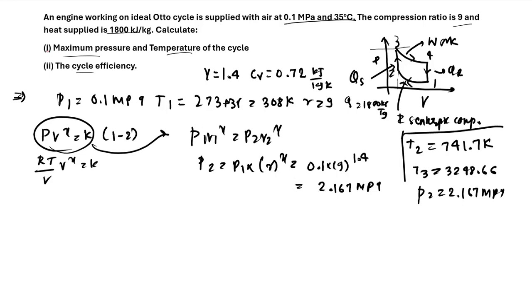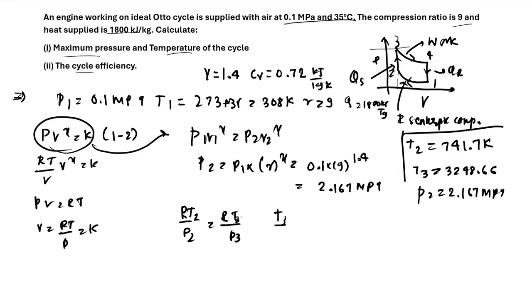And if you observe the process 2 to 3, it is a constant volume process. For a constant volume process, you can always write PV equals RT as the ideal gas equation, and RT by P should also be constant. So RT by P for point 2 should be equal to RT by P for point 3, because 2 to 3 is a constant volume process.